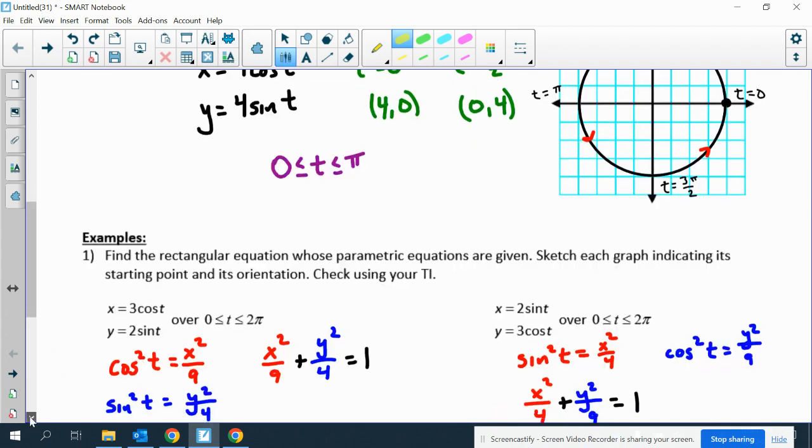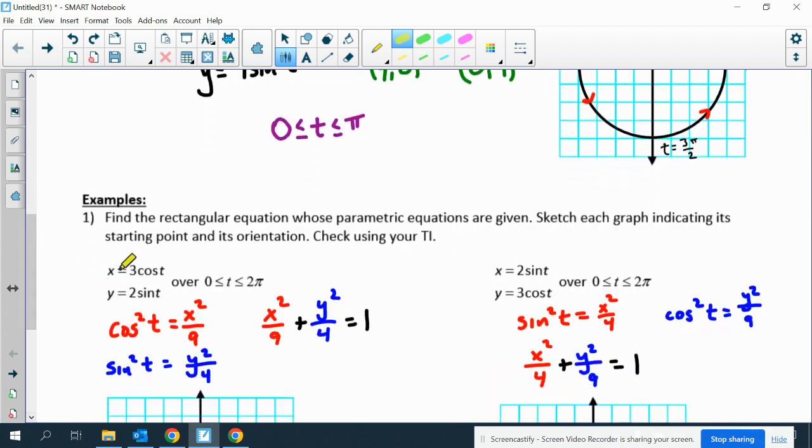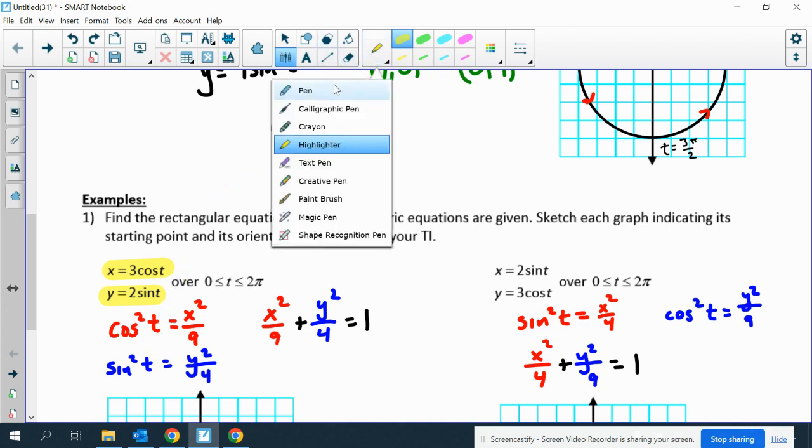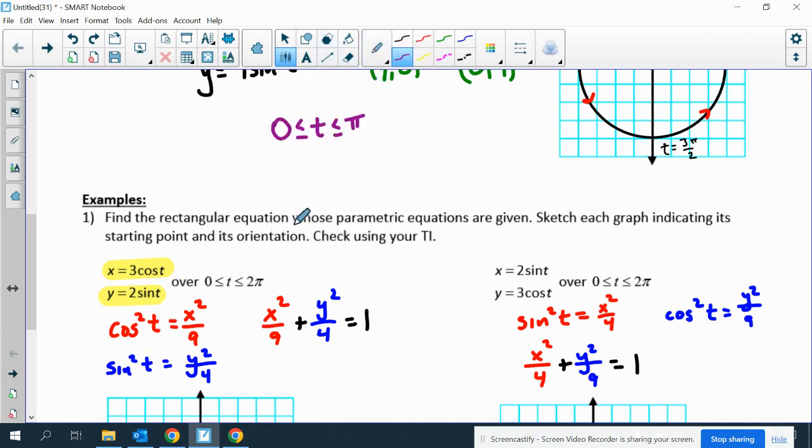Here are some more examples. So if I see x equals 3 cosine t and y equals 2 sine t, I can do the same thing, getting cosine squared and sine squared by themselves, and then substituting them into the Pythagorean identity cosine squared plus sine squared equals 1, and I end up with x squared over 9 plus y squared over 4 equals 1.